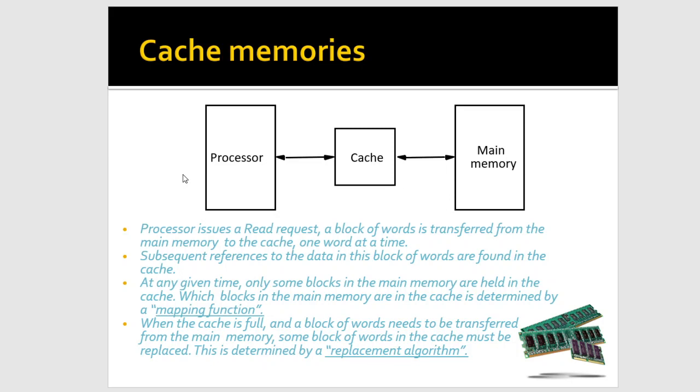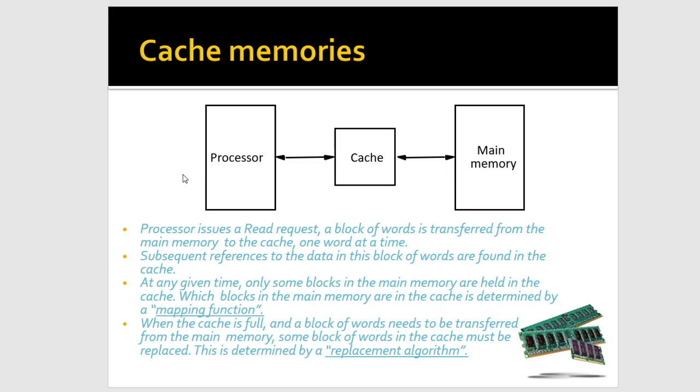So, in order to minimize the gap between the processing speed of the main memory and the processor, a high-speed memory is placed between the main memory and the processor so that the overall data transmission or execution can be enhanced.